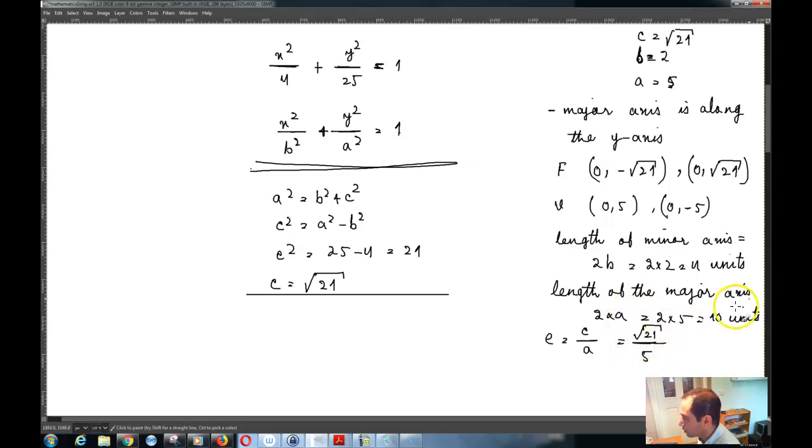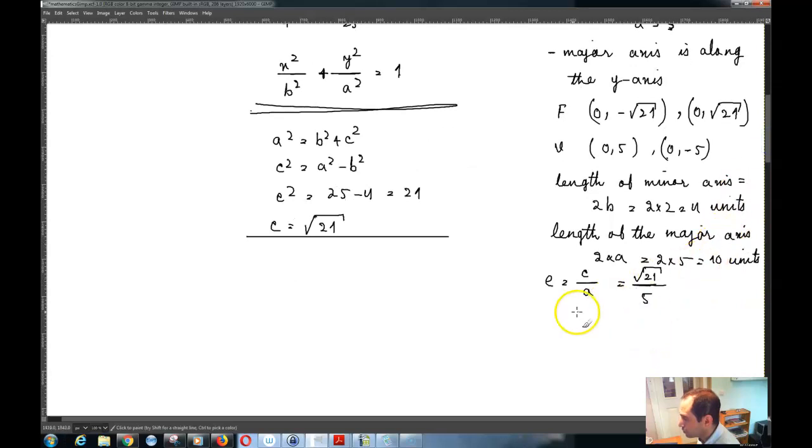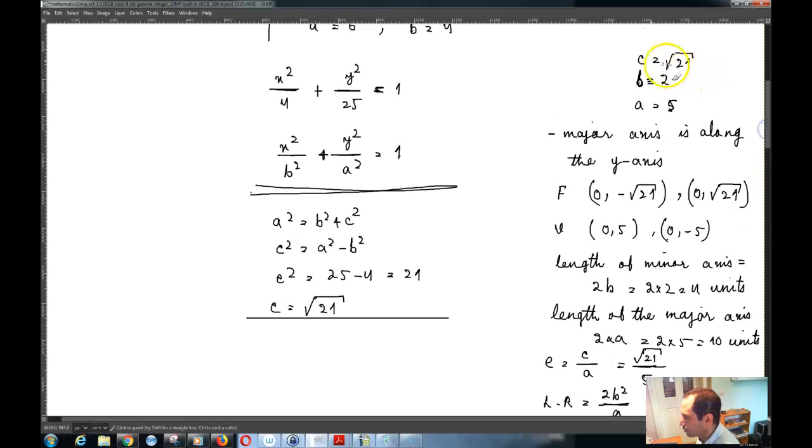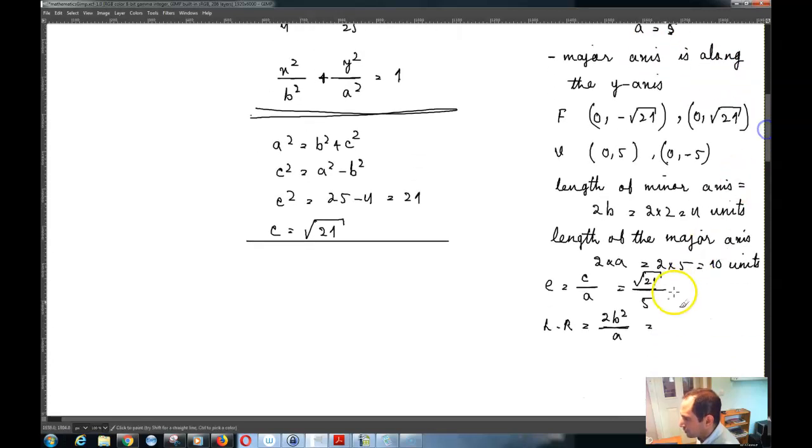And the length of the latus rectum is equal to 2 times b squared by a, which is 2 times 4 fifths, which is equal to 8 fifths units.